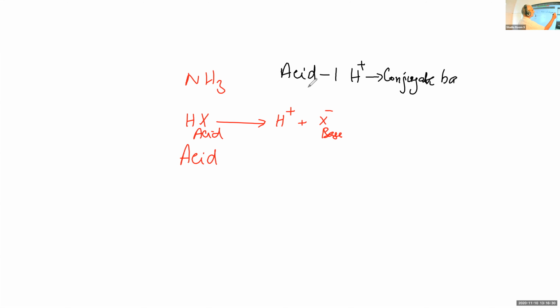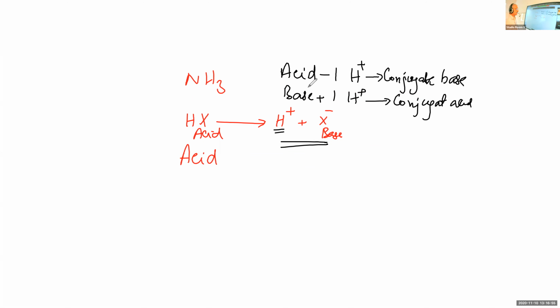Acid minus one proton, you will get the conjugate base. Then the base plus one proton, see here this reaction, that will give you the conjugate acid. That is the rule.